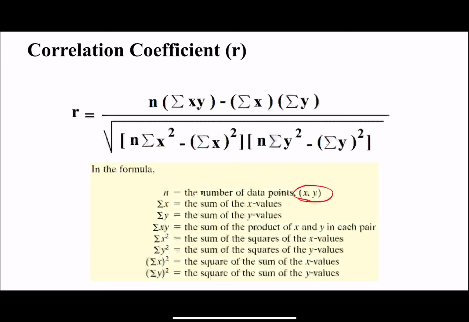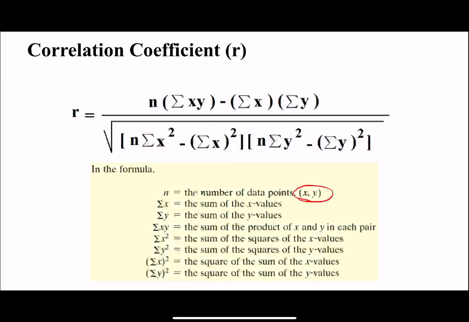Okay, so sigma x, the sum of x values, sigma y, the sum of y values. Sigma xy means multiply variable x by y and then add the products. Sigma x squared means find the squares of the x values and then add them all.